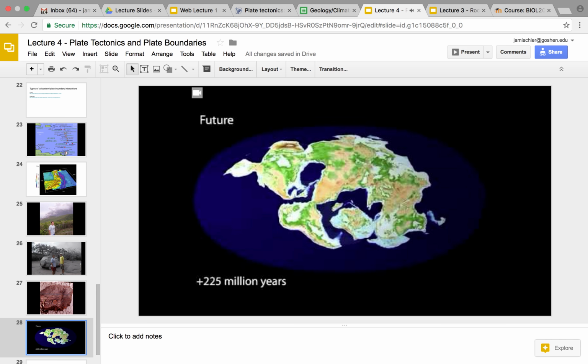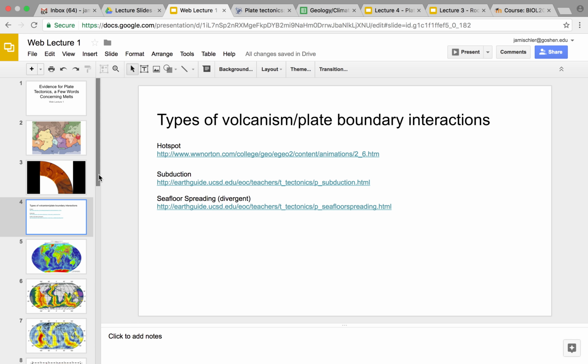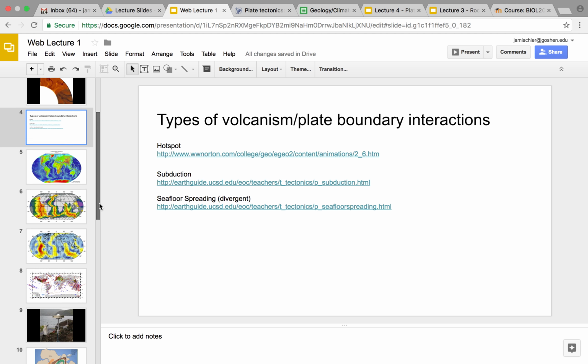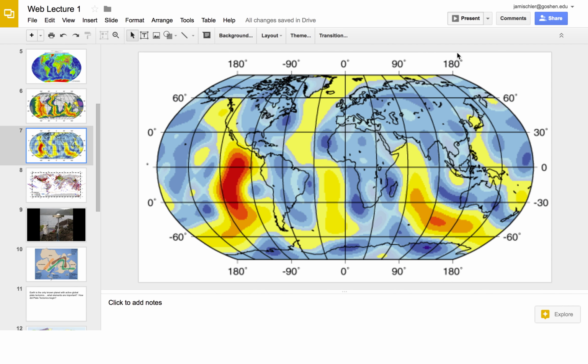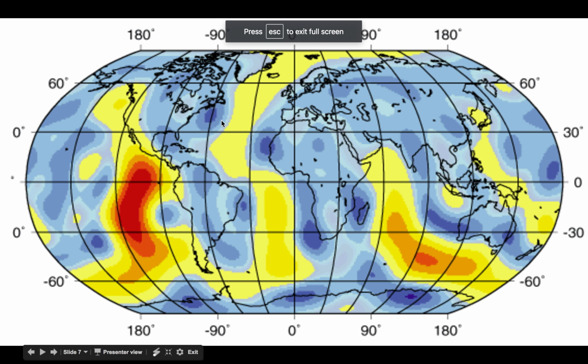Okay, so that all goes back to this image right here, showing where the warm and cold areas are, right? So you can imagine, as this keeps spreading, these will just get colder and colder, right? And therefore denser and denser until finally they start to subduct underneath the continent.